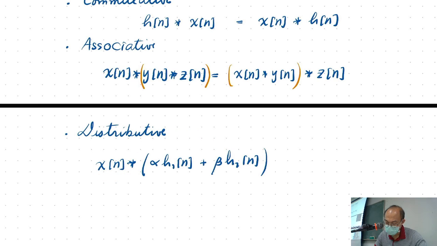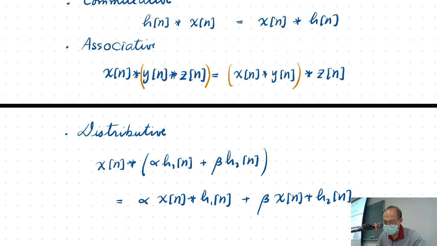So this is equal to alpha x[n] convolved with h1[n] plus beta x[n] convolved with h2[n].